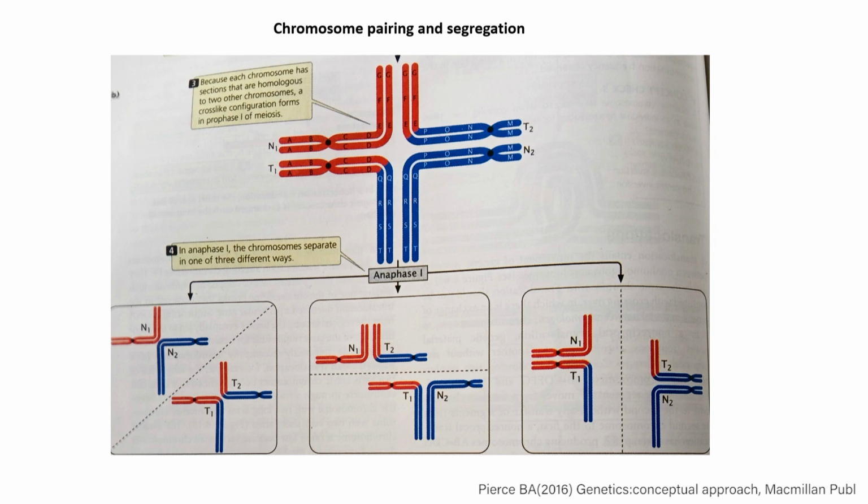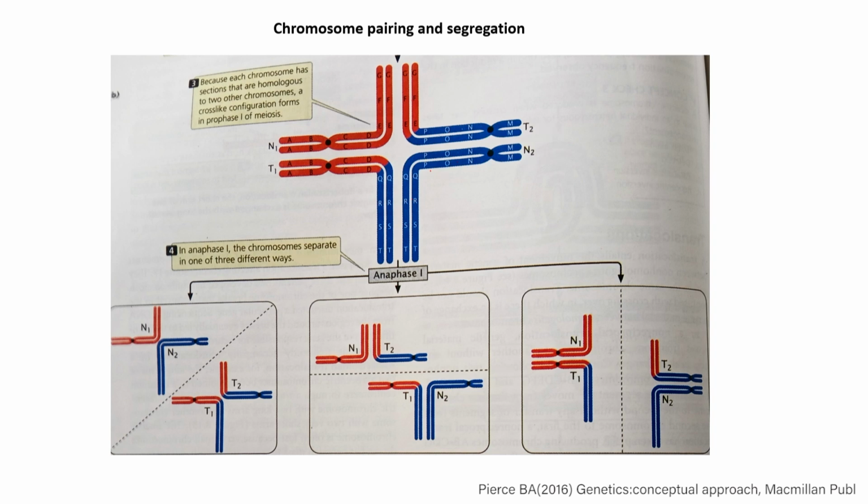If the situation is not planar like this, this and this can go together, and this and this can go together. So this is one kind of separation. You can see this red one and this blue one have gone together to one pole, and this one and this one have gone to another pole.